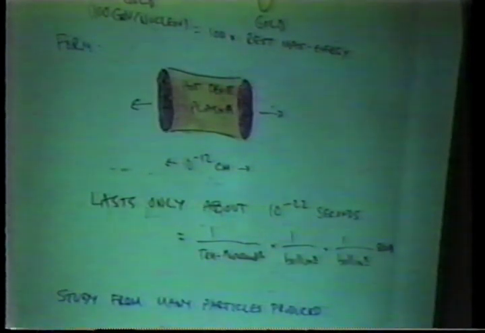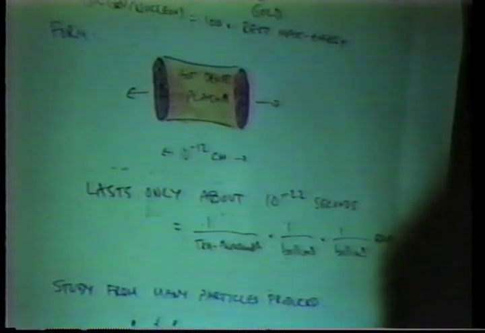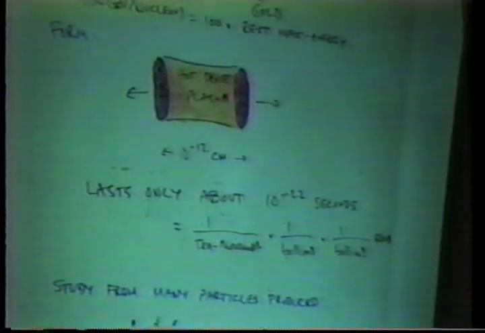The typical rate at which processes happen inside nuclei is some 10 to the minus 22, 23 seconds. Are you familiar with this kind of notation, 10 to the minus numbers? What it means is it's a billionth of a billionth, a 10,000th of a billionth of a billionth of a second. All you have to remember is it's very, very, very short.